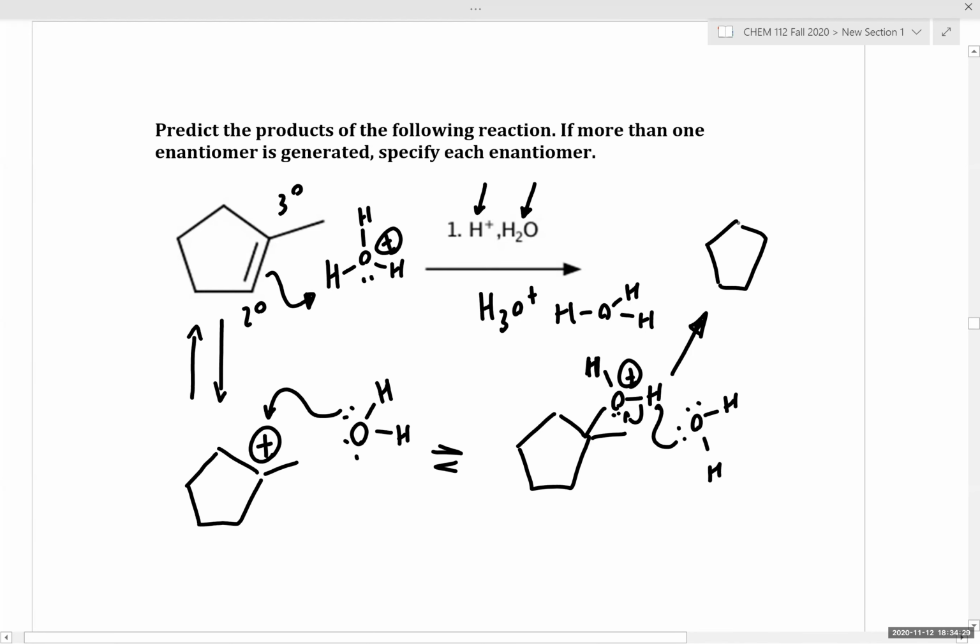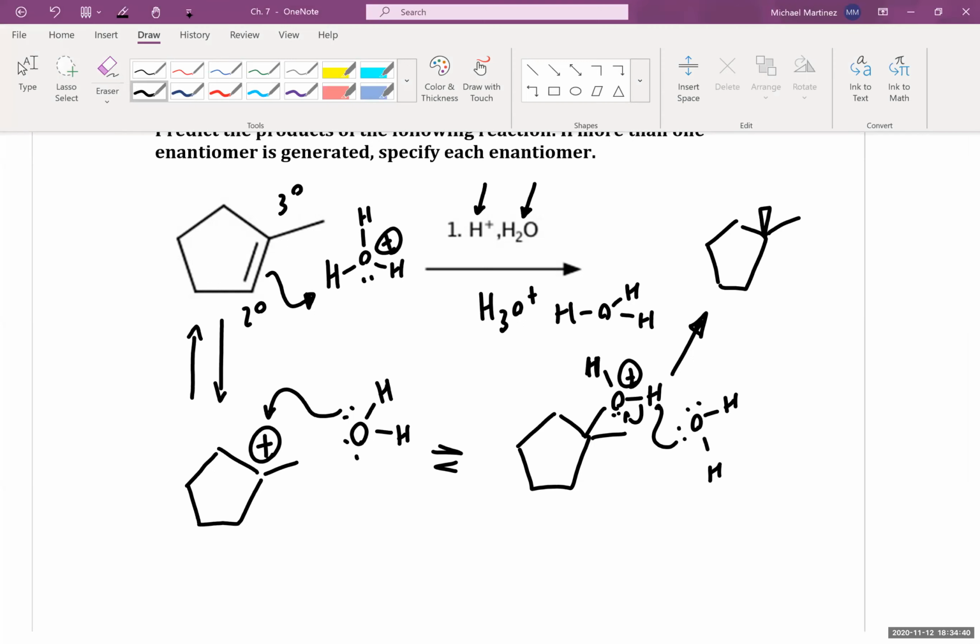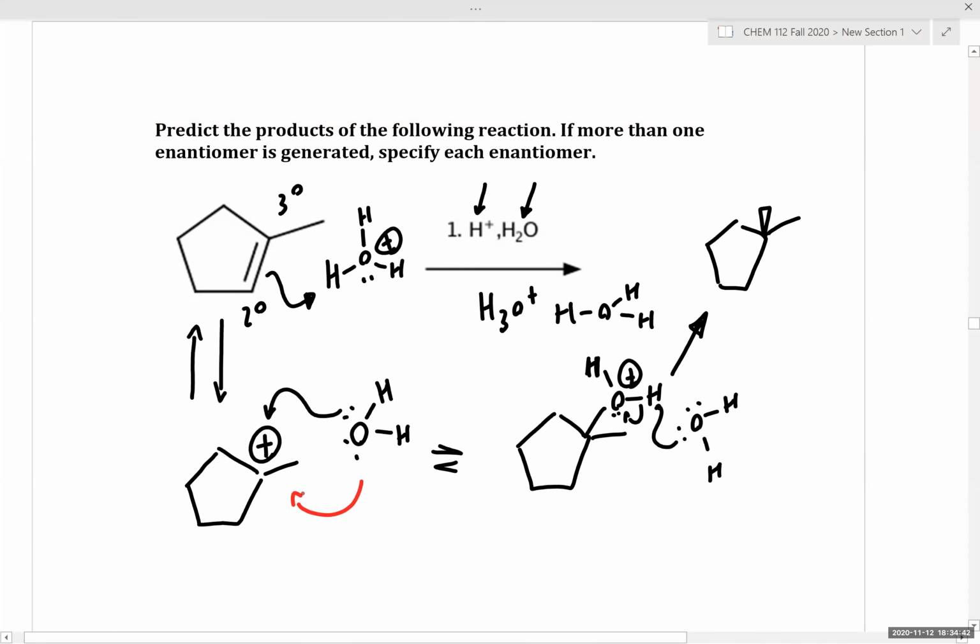So that in turn gives us a tertiary alcohol. And because we went through a carbocation intermediate and we can attack from either the top or the bottom face, we get a mixture of enantiomers.